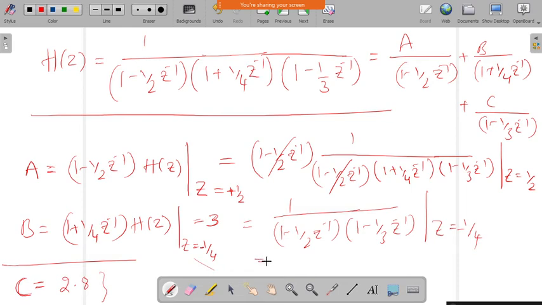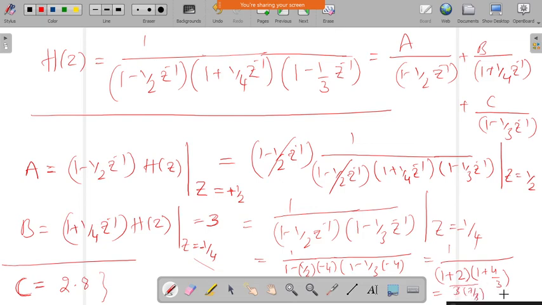If I put that, z inverse is minus 4, so 1 minus 1 by 2 into minus 4 is 1 plus 2, and 1 minus 1 by 3 into minus 4 is 1 plus 4 by 3, which is 7 by 3. So 1 over 3 into 7 by 3, so it is 1 by 7.